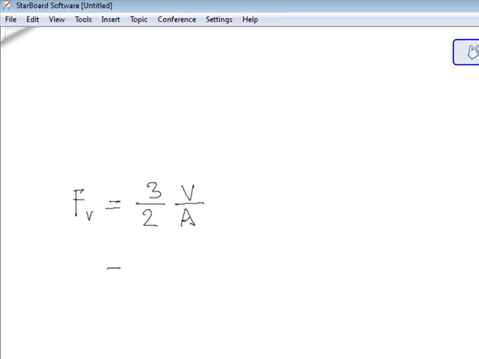I'm not going to flip back to that page. So that's 3 over 2 times 8,400 over the area, which is 5 by 13. So if you multiply all of that out, you should get what?